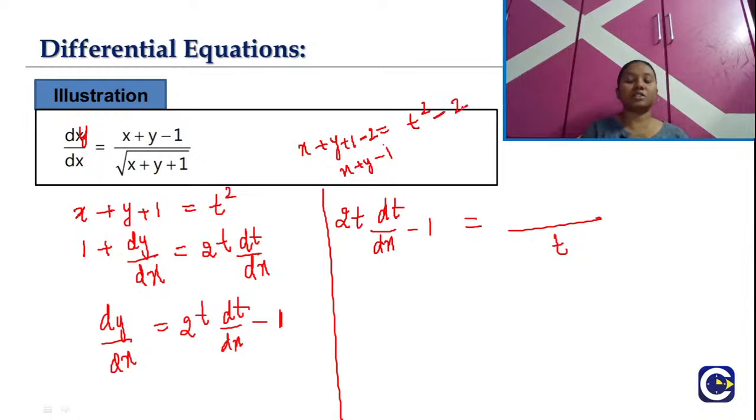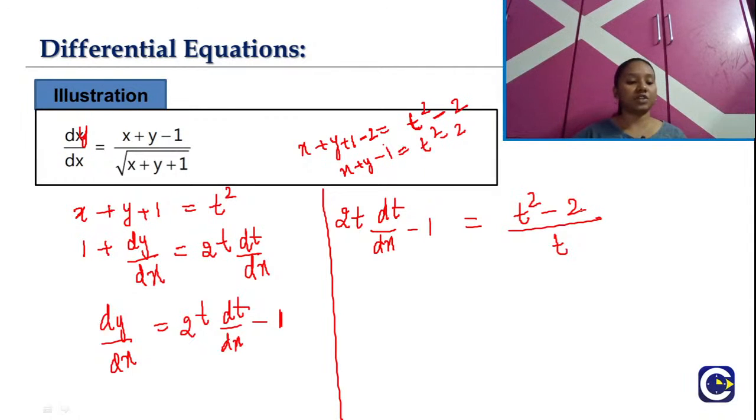That means along with the t square, there will be a minus 2 added, so that it is converted into x plus y minus 1, which is equal to t square minus 2. So even in the numerator, we can replace it with the t variable, which is nothing but t square minus 2.